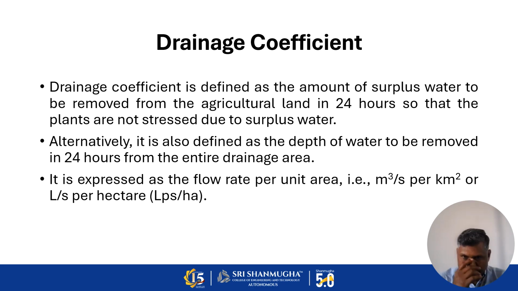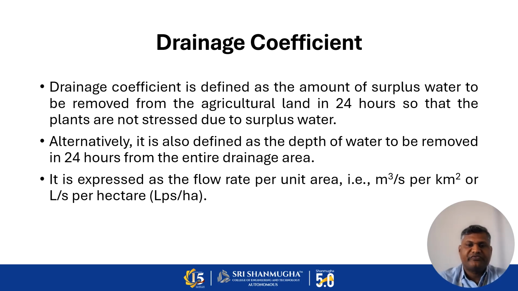Then another important terminology is the drainage coefficient. The drainage coefficient is defined as the amount of surplus water to be removed from the agricultural land in 24 hours, so that the plants are not stressed due to surplus water. So what is the amount of excess water drained from the field in 24 hours? This measure is known as the drainage coefficient.